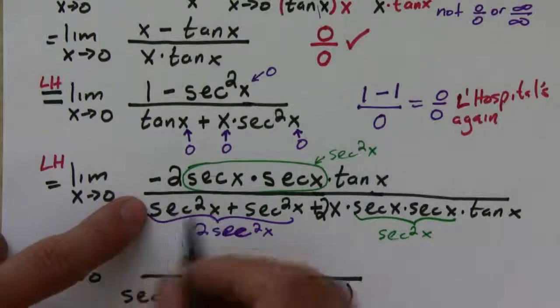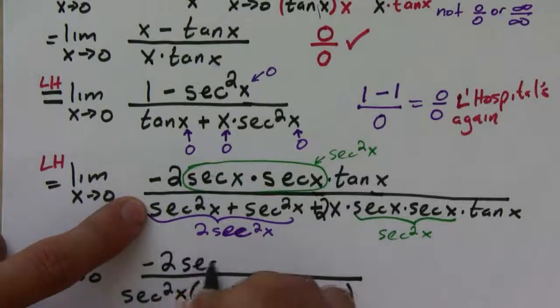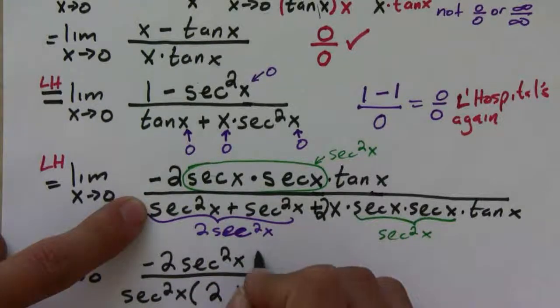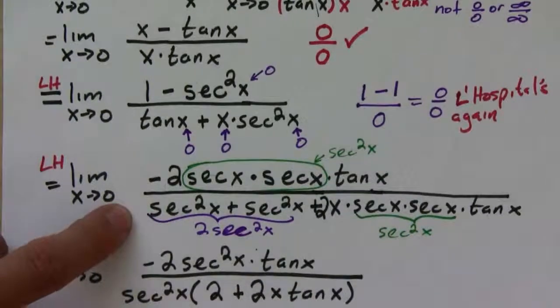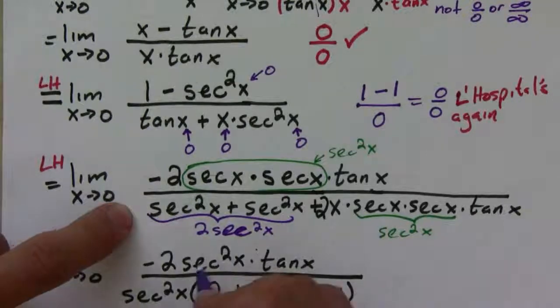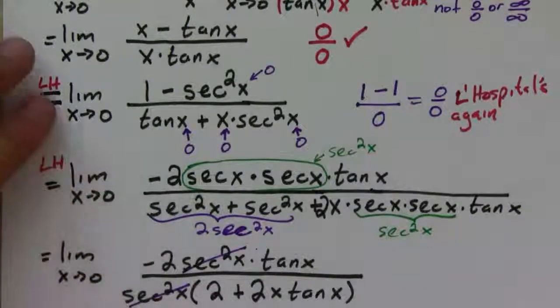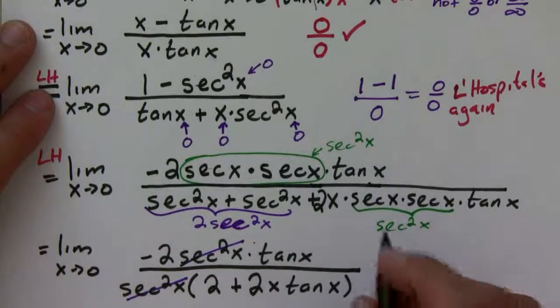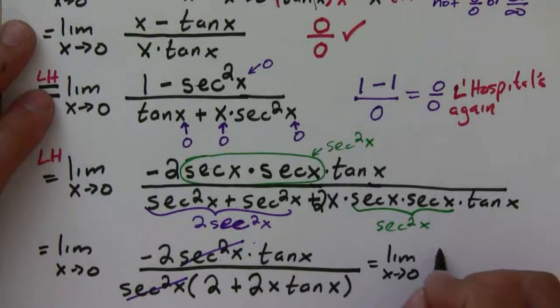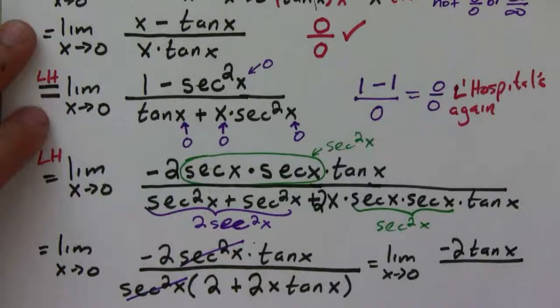And then on top, what I have is minus 2 secant squared of x times tangent x. And notice that these guys are going to cancel, and what I'm left with is the limit as x approaches 0 of negative 2 tangent of x over 2 plus 2x tangent x.